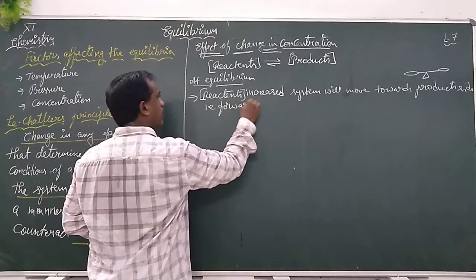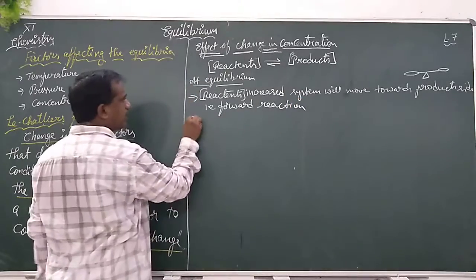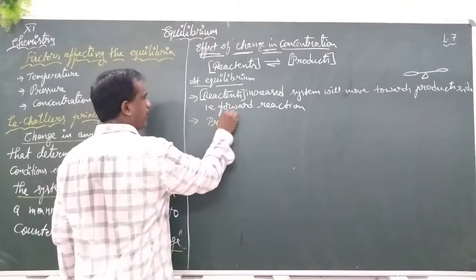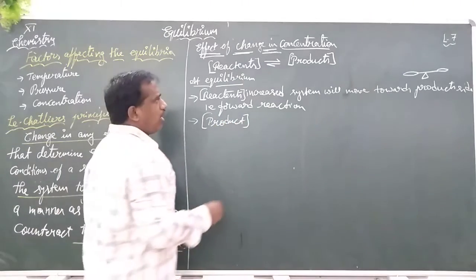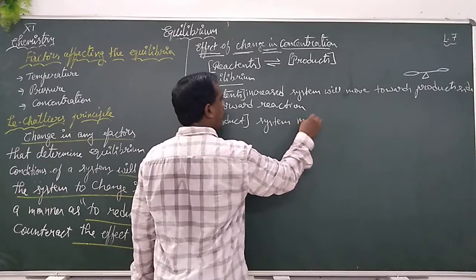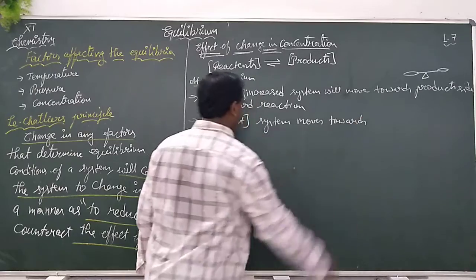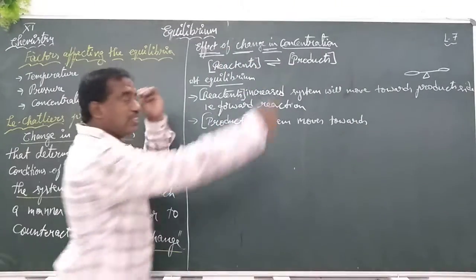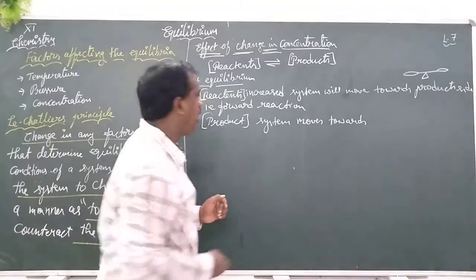Which reaction is favored? The forward reaction. In the other case, if you increase the concentration of products, the system will move in the opposite direction. That means the system will move towards the reactant side.